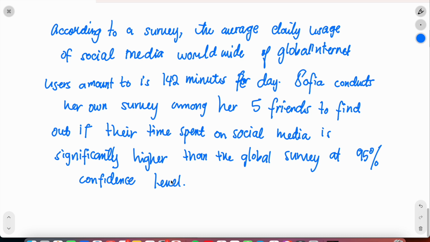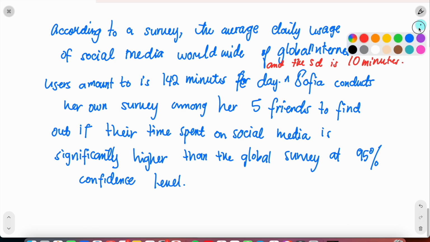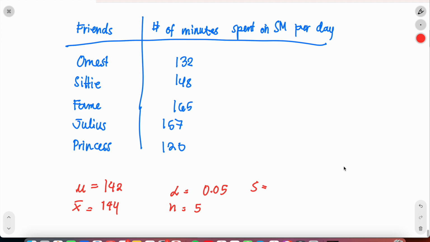And let's insert something here: the SD, or standard deviation, is, let's say, 10 minutes. So let's go back. Our s here is 10 minutes.